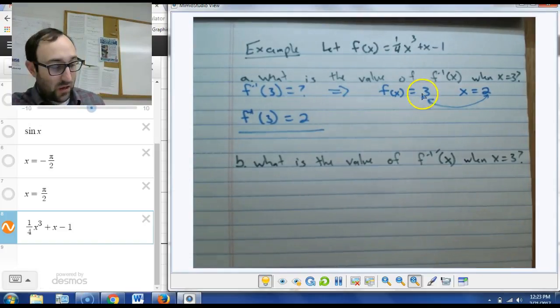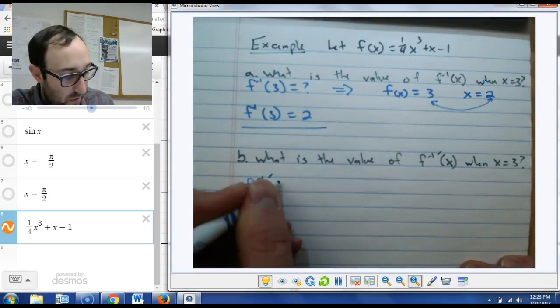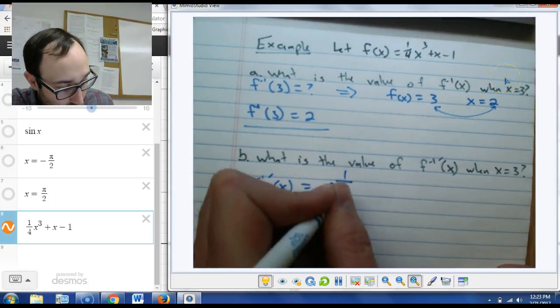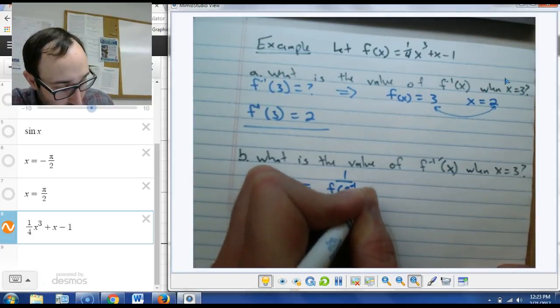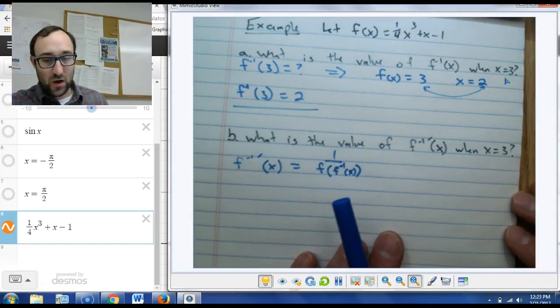So remember, f inverse prime of x is going to equal 1 over f prime of f inverse of x. Just like that. So what we're going to do is plug some stuff in.